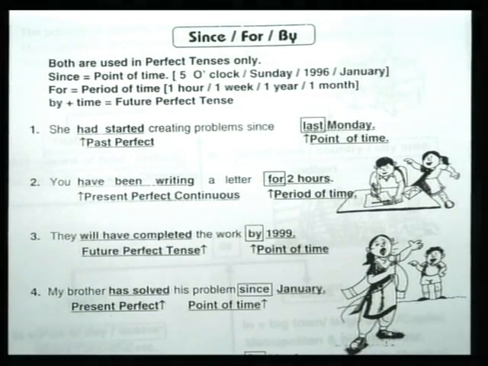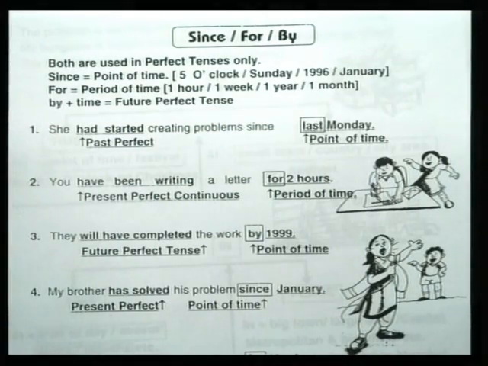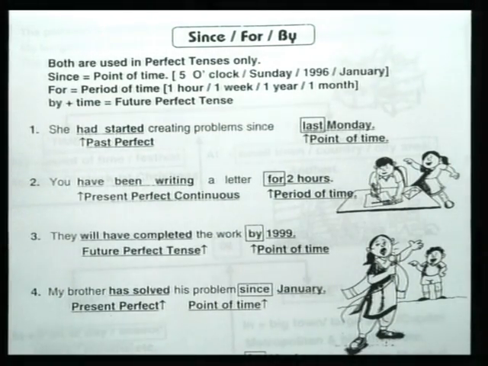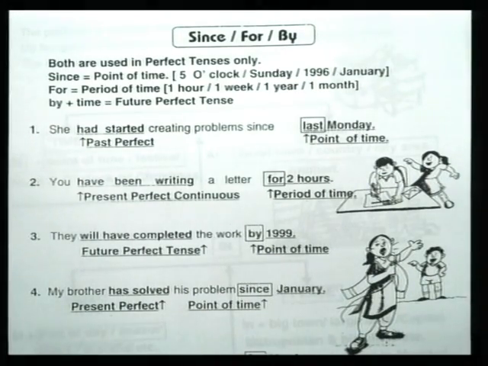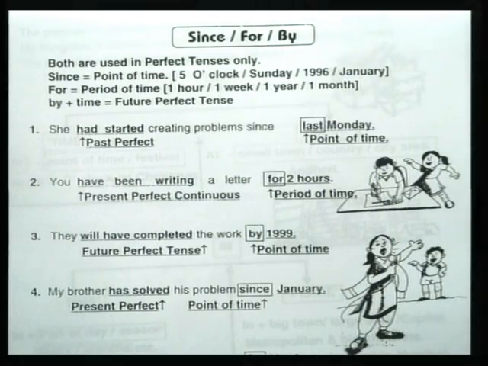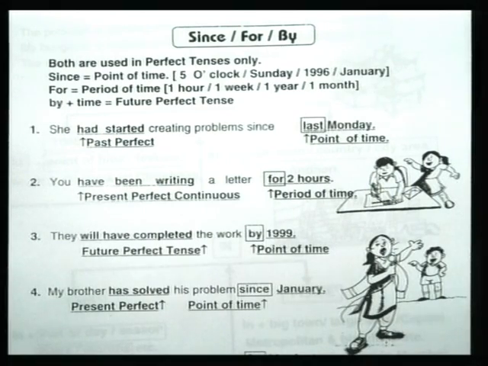Because the age of learning never ends. Now, I'll show you few examples. She had started creating problems since last Monday. Here, last Monday, the starting point is said, but there is no ending point to it.